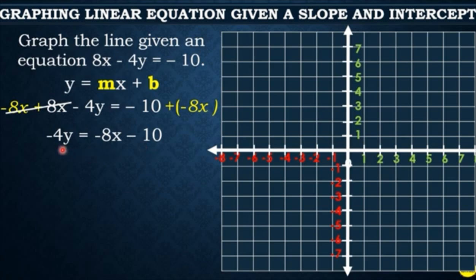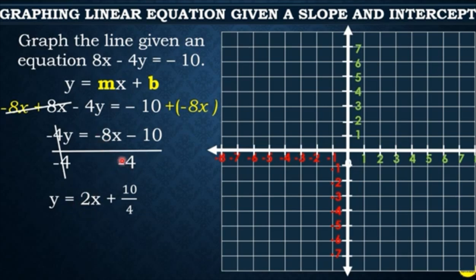As you can see, naka-arrange na siya ng y equals mx plus b. But meron pa tayong coefficient dito. Kailangan ma-cancel natin to. So, we will divide both sides by negative 4. And then, let's simplify. We will have y is equal to negative 8 divided by negative 4, that is positive 2x.